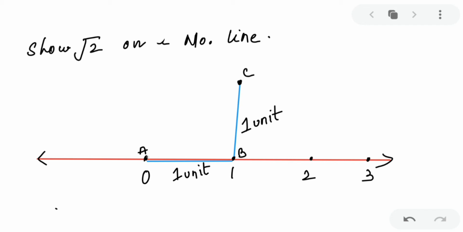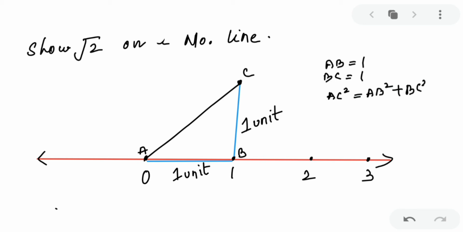Dear kids, if I join A to C, then do you know by Pythagoras theorem, if AB is 1 and BC is 1, what will be AC? For that we have to do AC square is equal to AB square plus BC square.